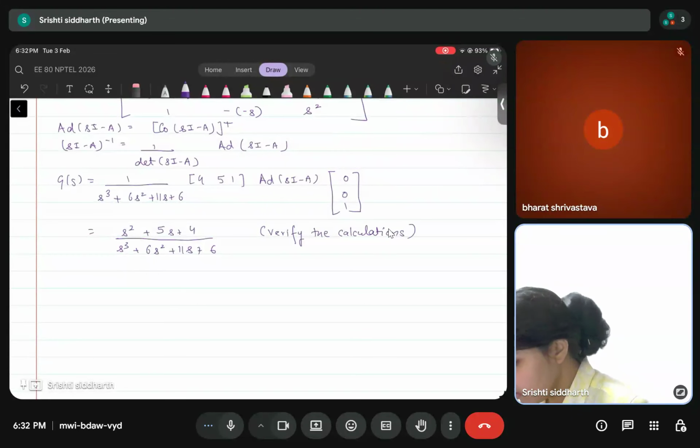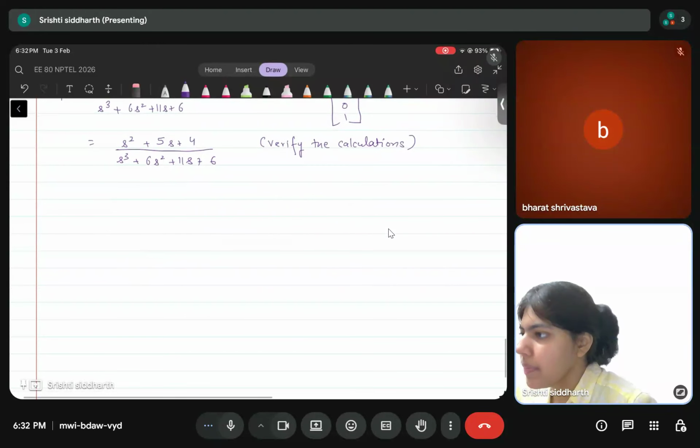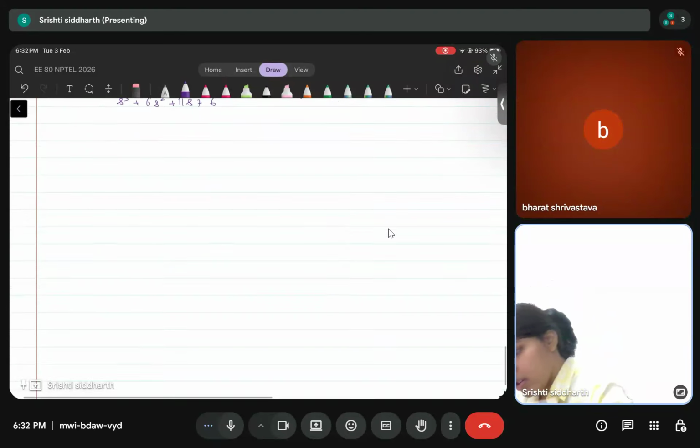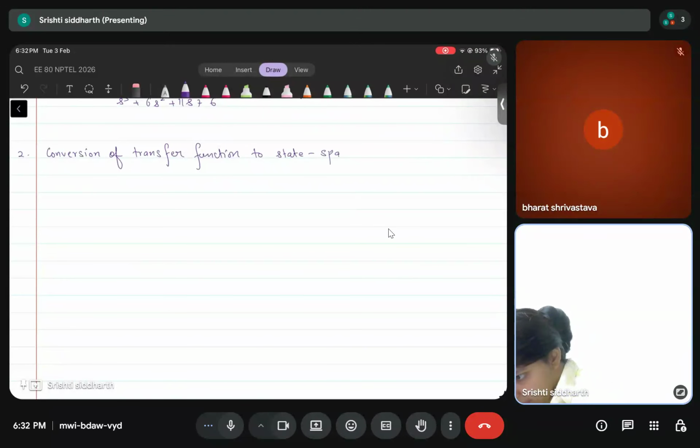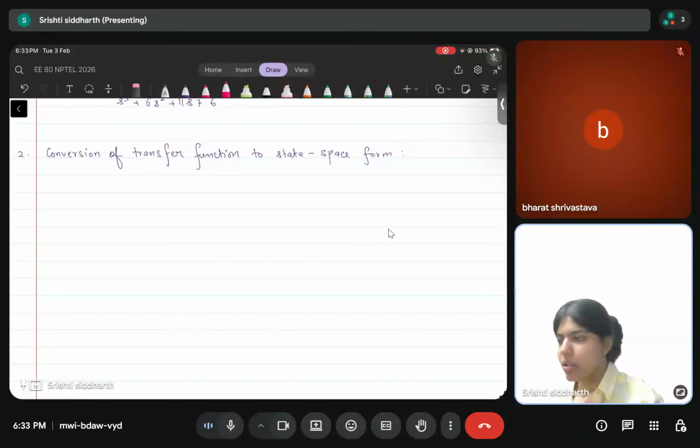Alright. So let's move on to the next topic. This is conversion of transfer function to state space form. Alright, so let's recall a few reasons for doing so, and then we'll move on to questions.